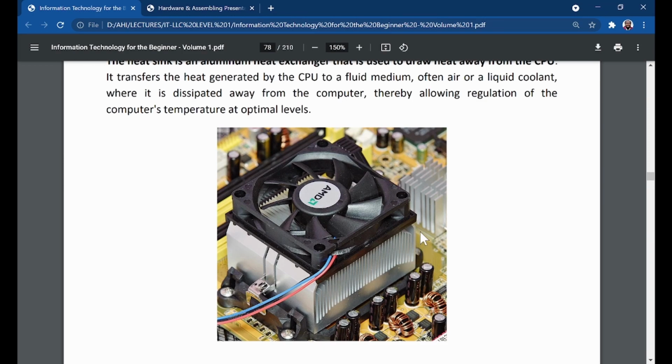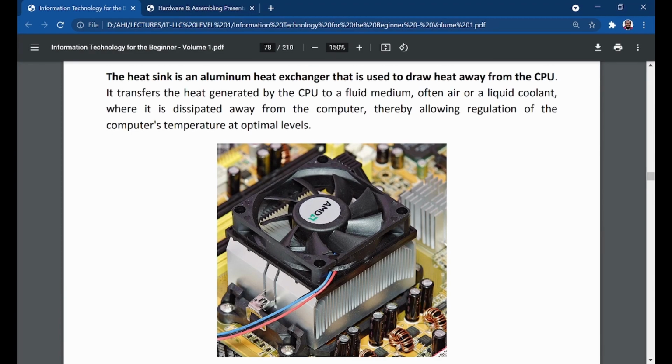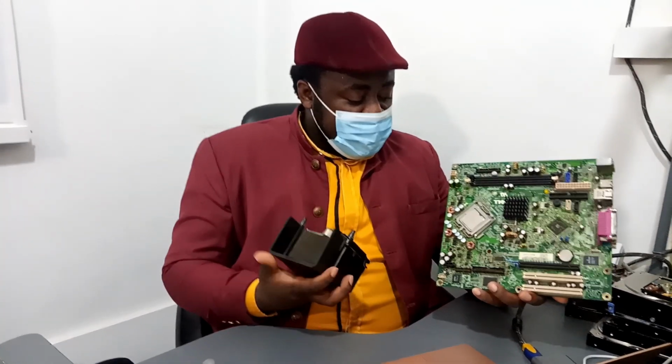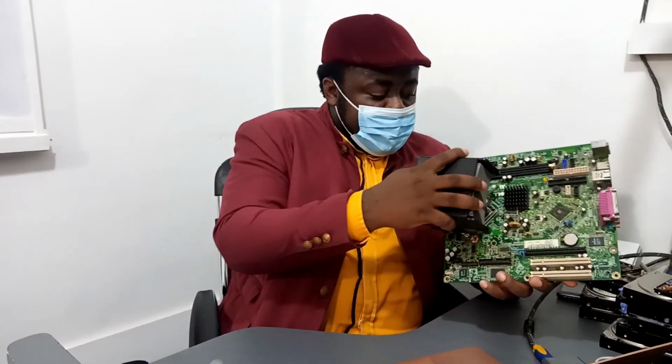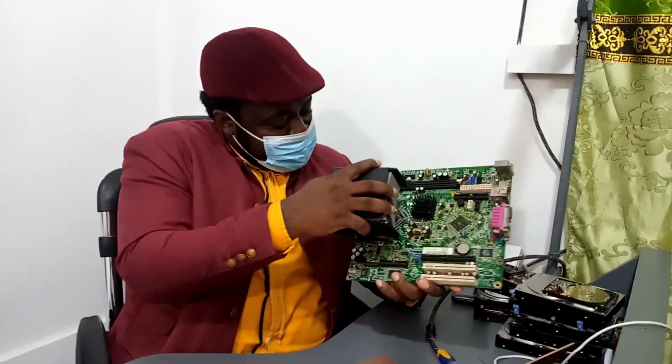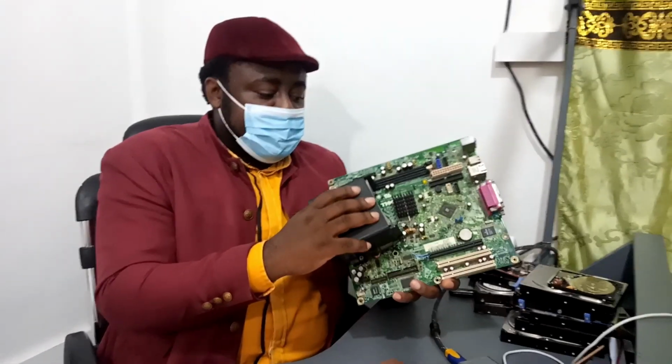Is this similar? It's quite similar. So whenever you see this aluminum, it says it is an aluminum heat exchanger. So whenever you see this, you know that it is a heatsink. Now, in this particular system, the heatsink sits on the CPU like this.